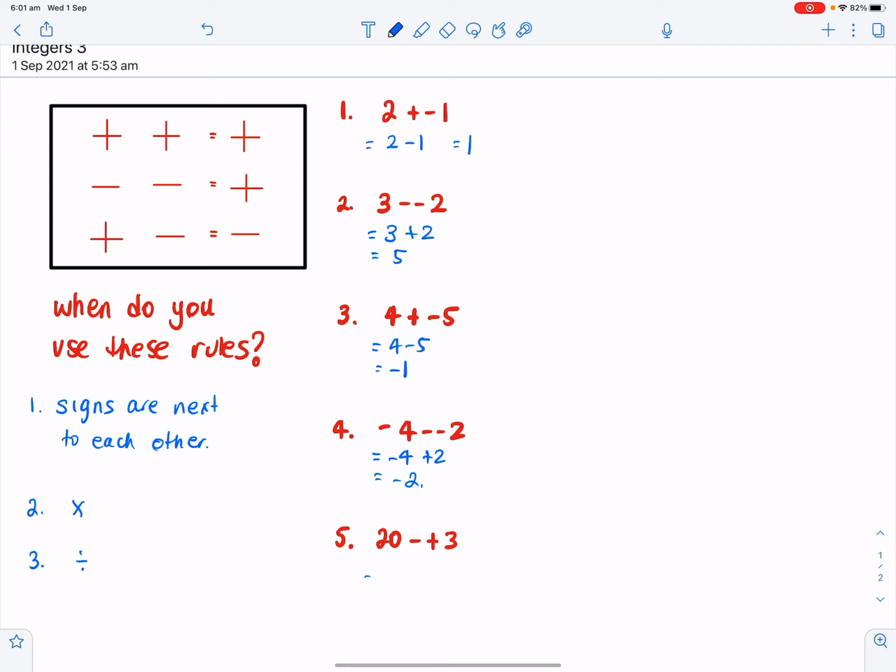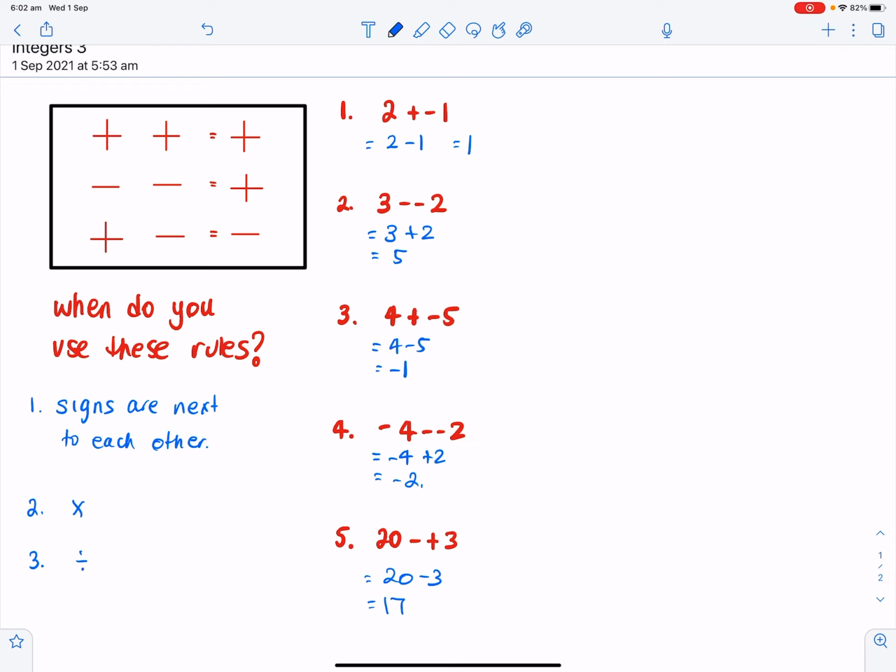The next one, 20 minus plus 3. Well, the plus and the minus, remember when the signs are different, you replace that with a minus because of this. So it becomes 20, take away 3, which is equal to 17.